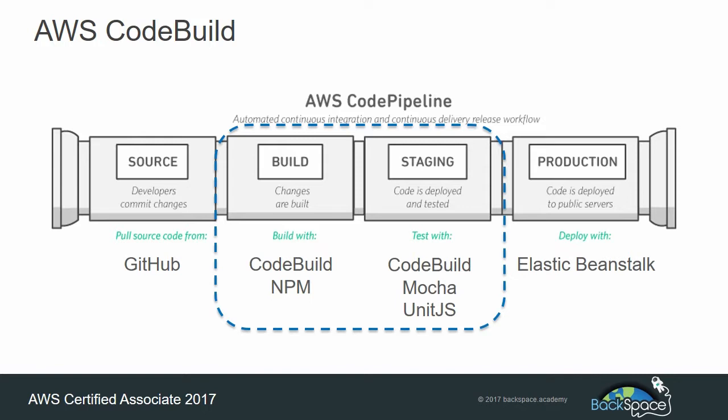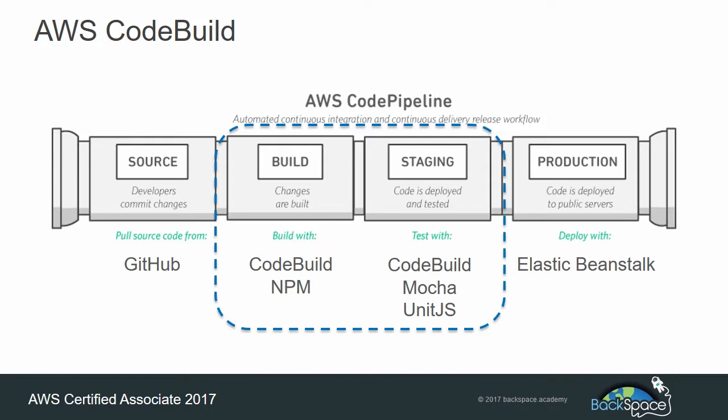Now, CodeBuild doesn't actually build as such. What it does is orchestrate that process, and we define that process for CodeBuild. So in the build stage, we will use npm to look at our package.json file, and that will add those packages and build those packages into our final application that will be deployed to Elastic Beanstalk.